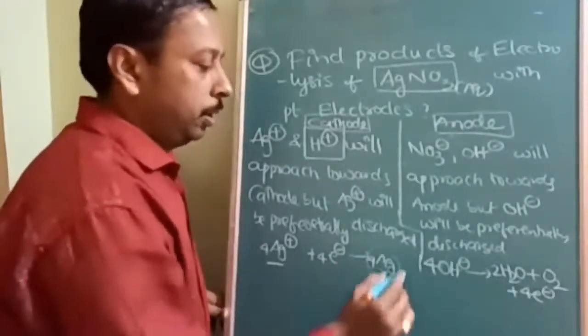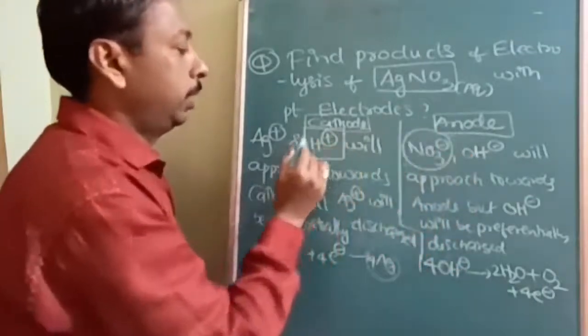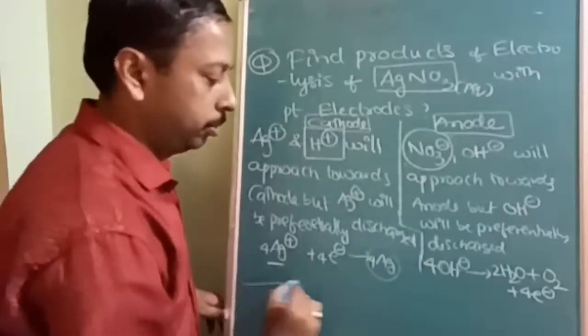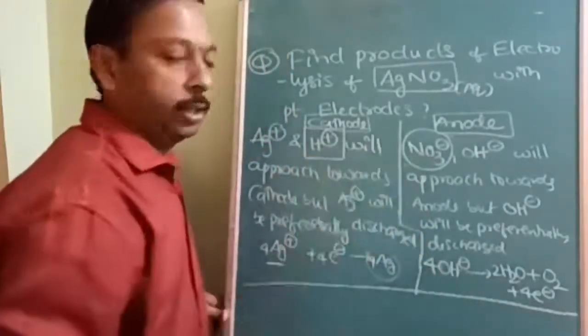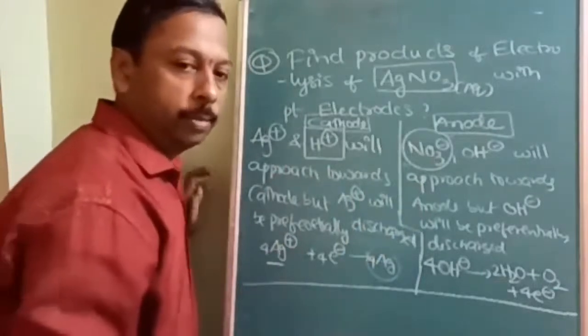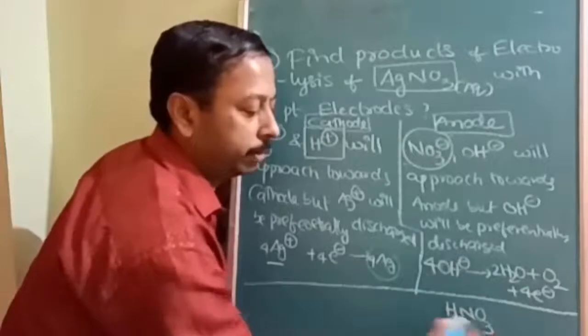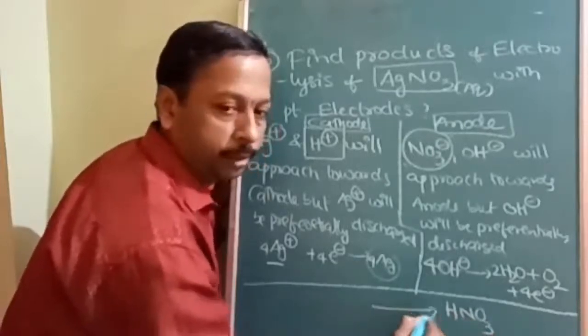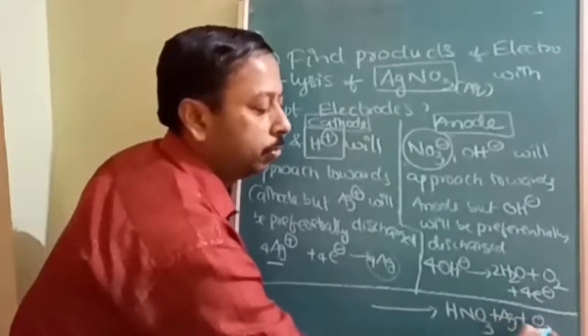Now, see here, what is left over is NO3 minus, and here what is left over is H plus. So H plus and NO3 minus together, HNO3 will be prepared. Apart from this, Ag and O2 are formed.